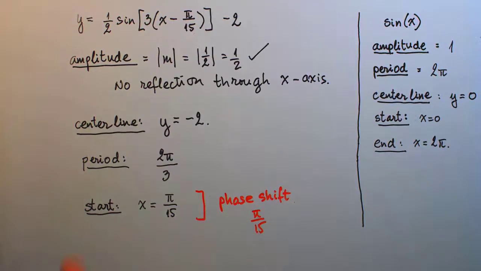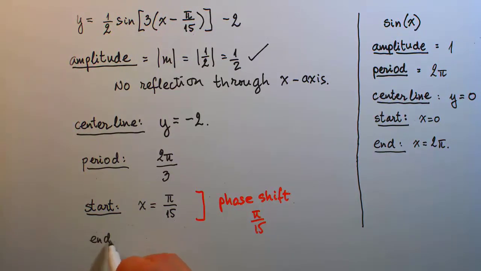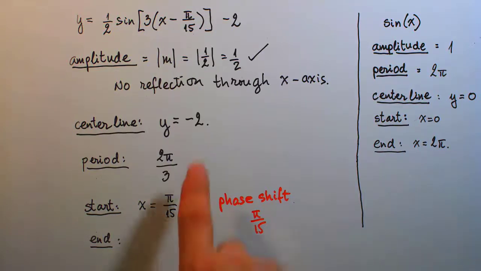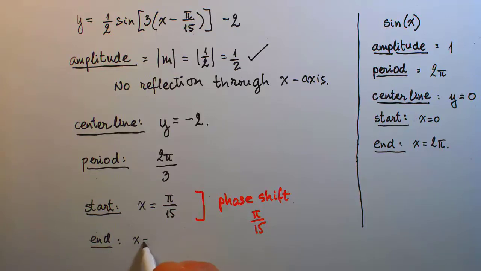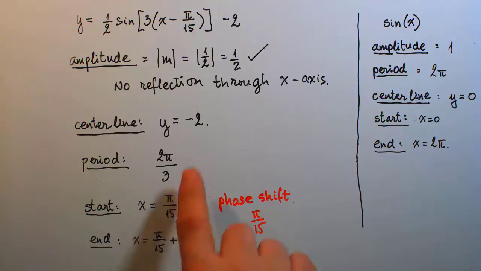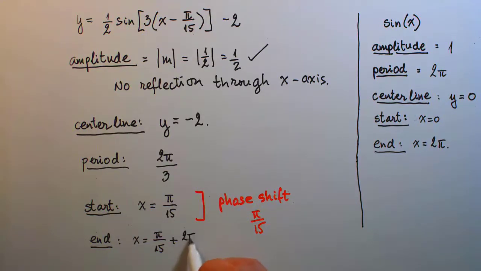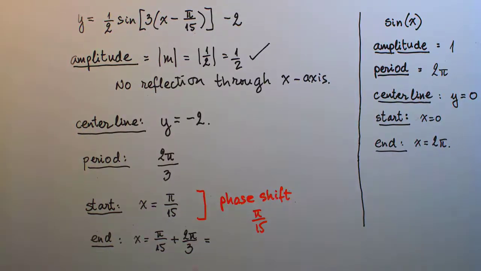And so now consequently the ending of the base unit on this function is going to be from where our starting point is, pi over 15, but we're going to add the period value 2 pi over 3, and after making a common denominator and all that, we will come out with 11 pi over 15.